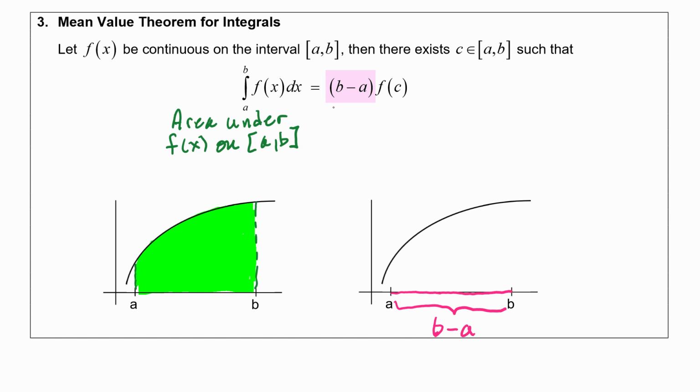So now let's think of b minus a as the base of a rectangle, and f of c would be the height of that rectangle. And we want to choose c so that the height of the rectangle at c gives us an area that's the same as this shaded area over here. So maybe that would be somewhere in here.